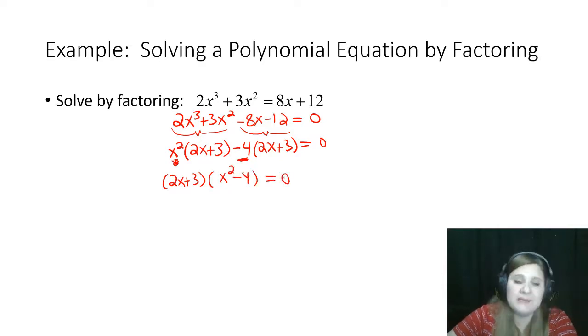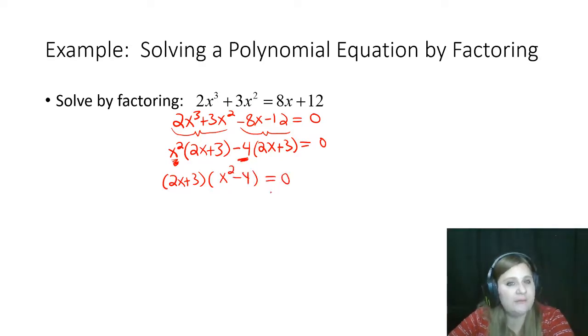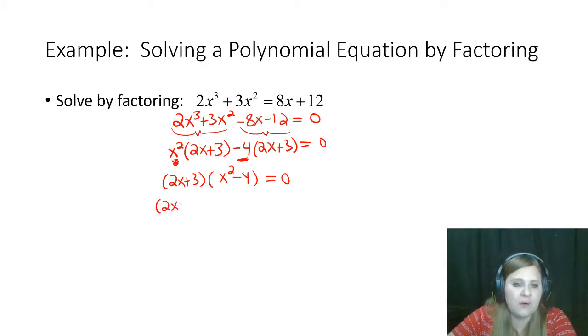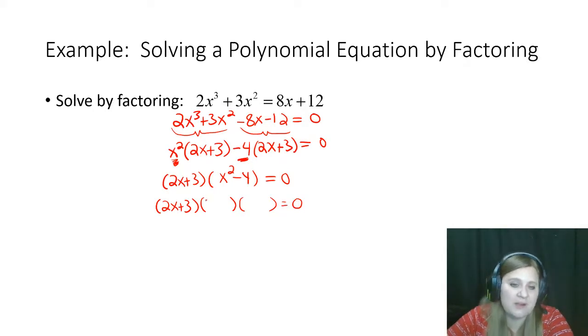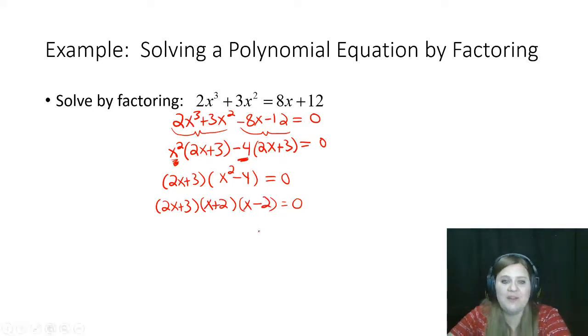Now, don't be tempted to stop here, because you can factor further. That x squared minus 4 is of the format a squared minus b squared. And if a squared minus b squared is a plus b, a minus b, then x squared minus 4 is x plus 2, x minus 2. Now looking at this, we can use the property where you have three things multiplied equals 0, or any things multiplied equals 0, at least one of them has to be 0 itself.